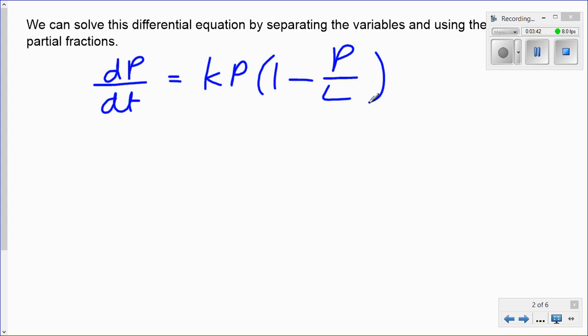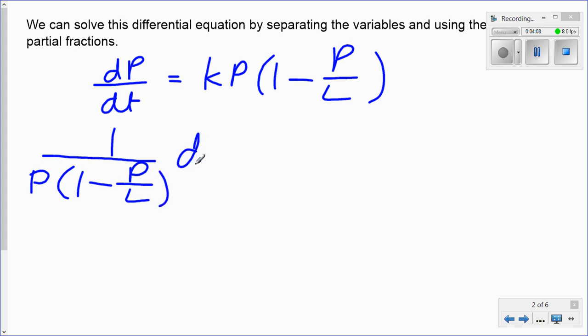Okay, so the first thing I'm going to do is separate the variables. Remember, I want P and dP on one side, and then I'm going to keep k and dt on the other side. After a little bit of manipulating, we end up with 1 over P times 1 minus P divided by L, dP equals k dt.